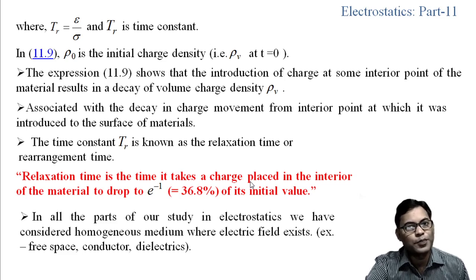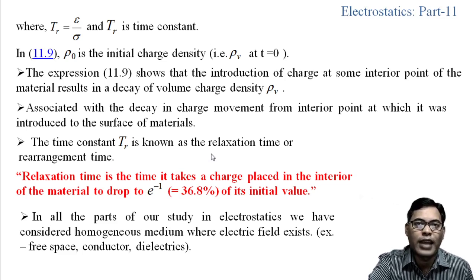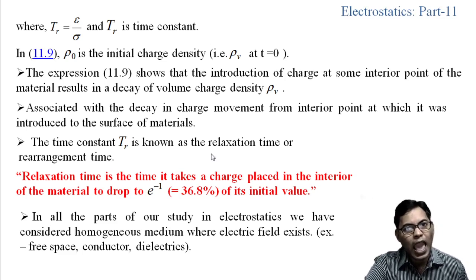In the previous lectures we started to study the electrostatic field in dielectric materials. So this is all about the electrostatic field in dielectric materials. Up to this point of our discussion, we have considered electrostatic fields propagating in a homogeneous medium.